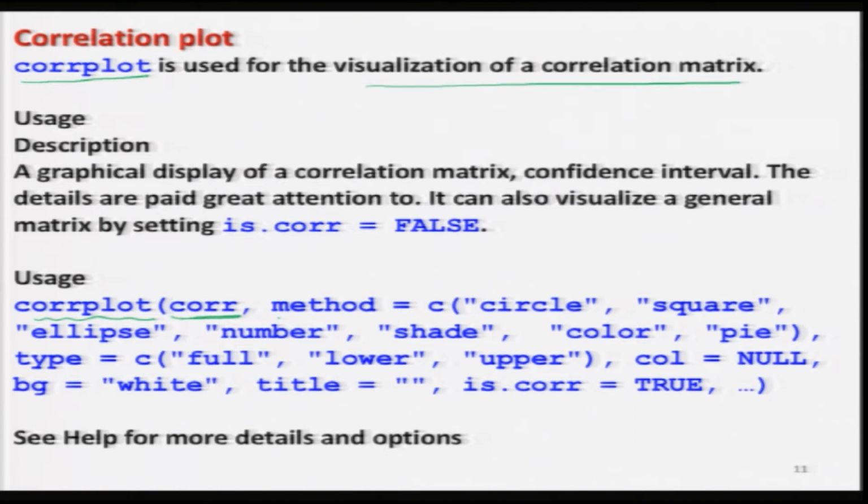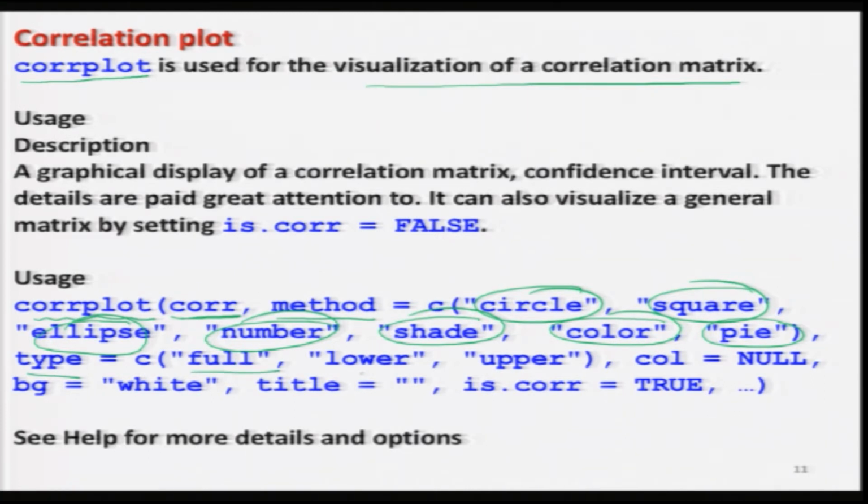Then you give the method, which means the degree of the correlation coefficient is going to be indicated by a circle, a square, an ellipse, a number, some shade or color, or a pie diagram. You also have the option type, to show whether you want a full matrix, a lower diagonal matrix or an upper diagonal matrix, using full, lower and upper respectively.